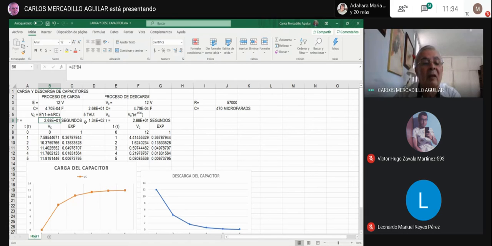The value of tau is 26.8 seconds in this case. So if I change these values, the shape will be longer or shorter. But here is the formula. It's correct here. And for the decreasing, it is this one, for the capacitors.